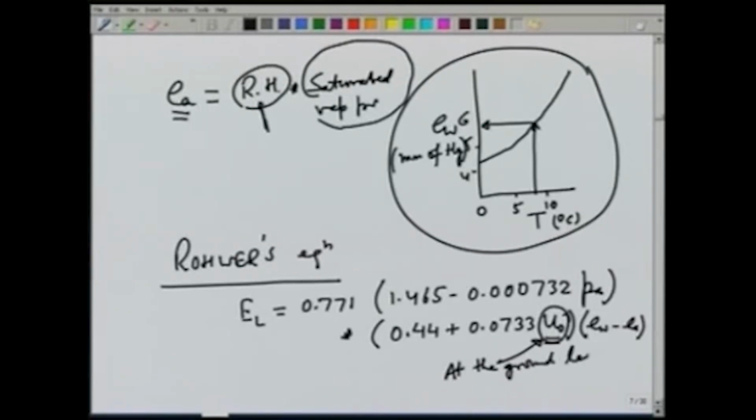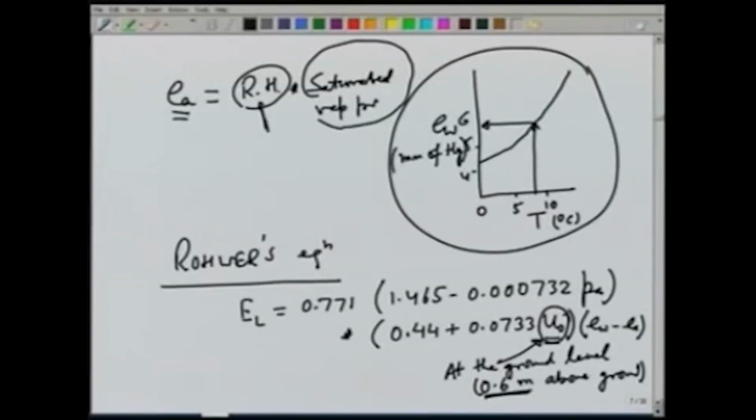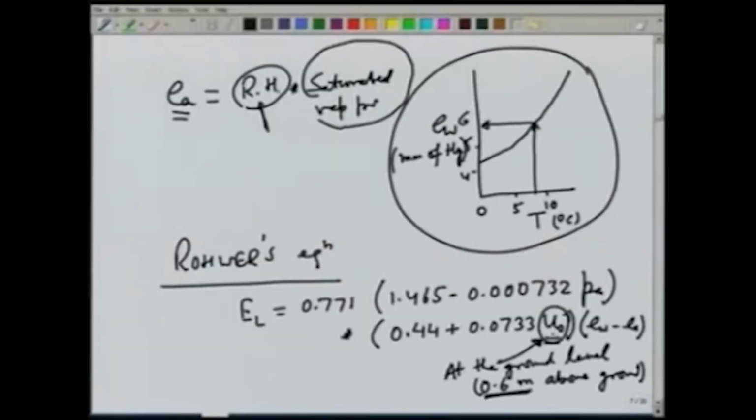At the ground level, typically about 2 feet above the ground or 0.6 meter, because it's immediately at the ground level, no slip condition will say that the velocity should be 0. So, velocity at the ground level typically is taken 0.6 meter above the ground level. So, this we can measure, or if we measure some other height, we can convert it using the 1/7 power law. EW and EA we have already seen how to obtain.